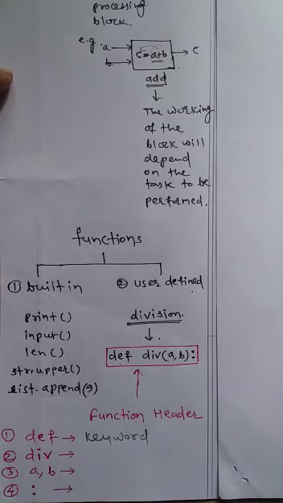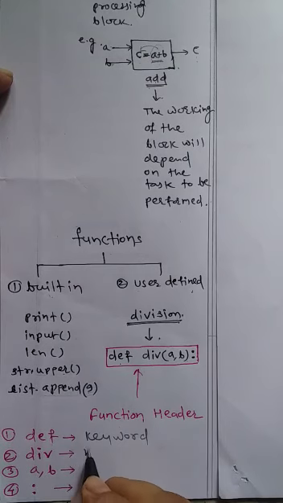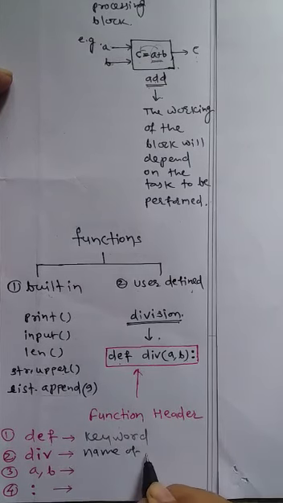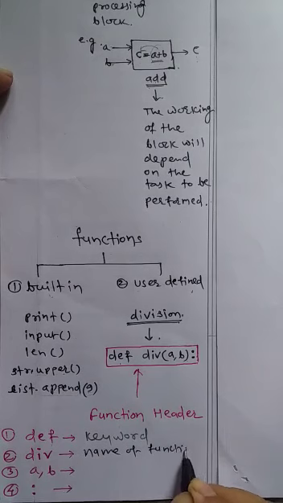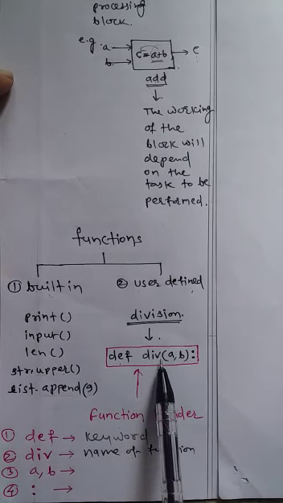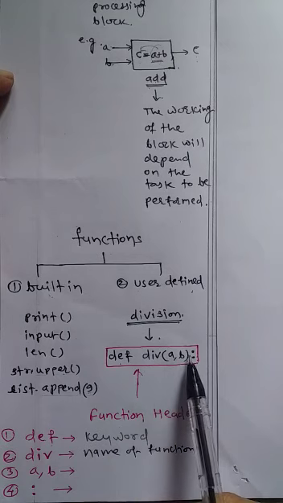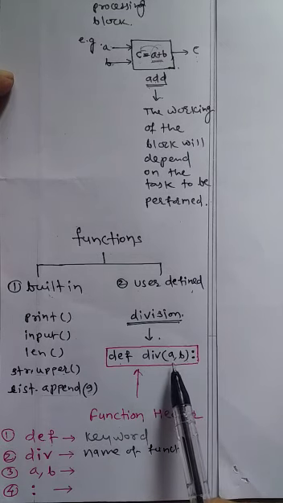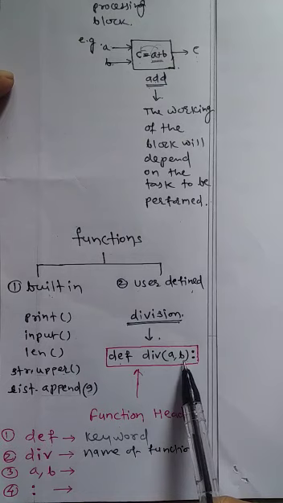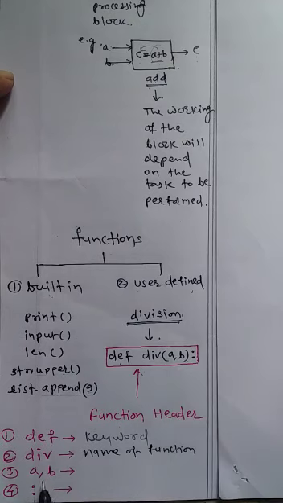Then the next one is div. What does this div indicate? This div indicates the name of the function. So every function must have some name. So here what name have we given? div. Then in parentheses, or simple brackets, we have written a comma b. What does this a comma b represent?